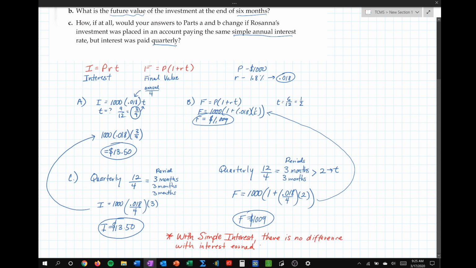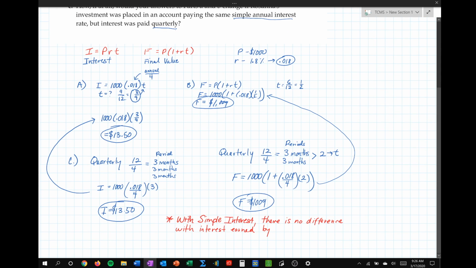Meaning that there's no benefit, right? There's no difference with the amount of interest that you earn by getting interest paid quarterly or annually.